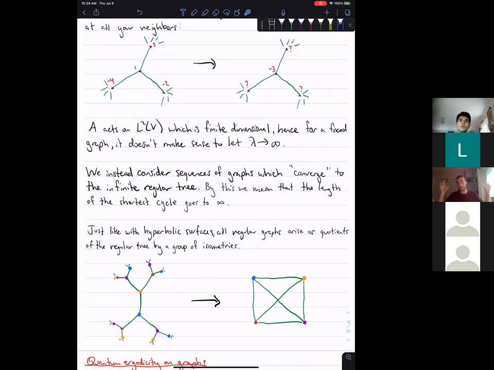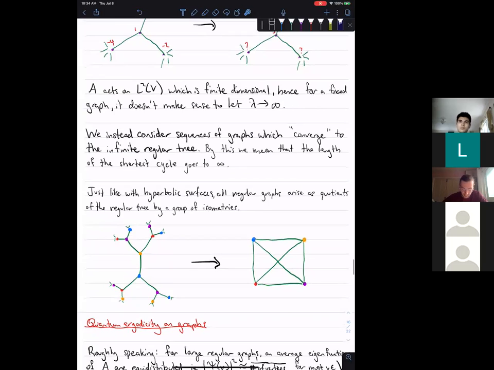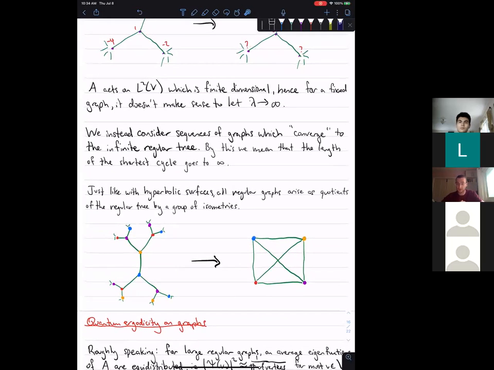You know on a tree there is no closed loop. And so you should think, well, if all closed loops are really big, then you're close to a tree. Another way of thinking about it is, just like in the case of hyperbolic surfaces, in the case of regular graphs, every regular graph arises as a quotient of the infinite regular tree by a group of isometries. So here's a 3 regular graph, and here's a tree, and the coloring of the vertices is telling you how I'm going to quotient this one to get this one.